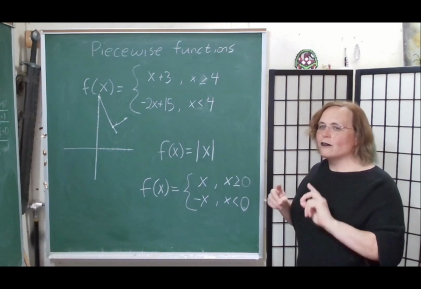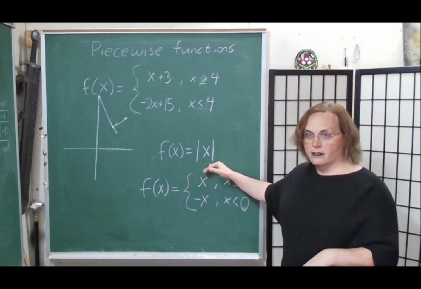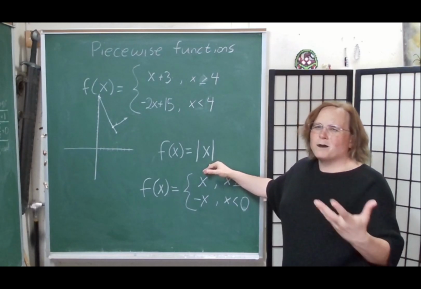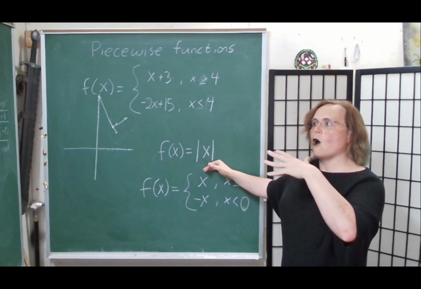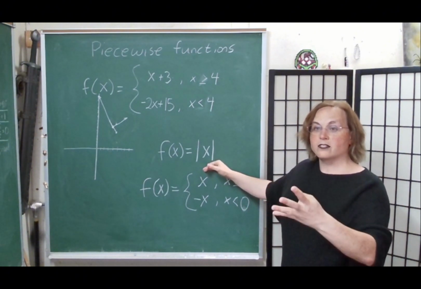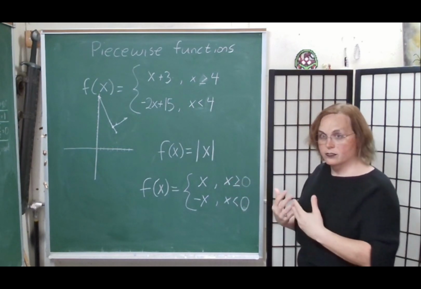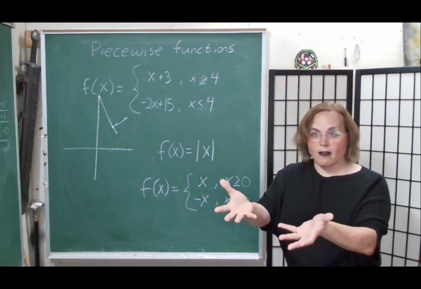However, absolute value is a little bit difficult to work with in this format. And if you remember, the whole purpose of absolute value is to always convert our value to positive. It's to take whatever our input is and give a positive output.